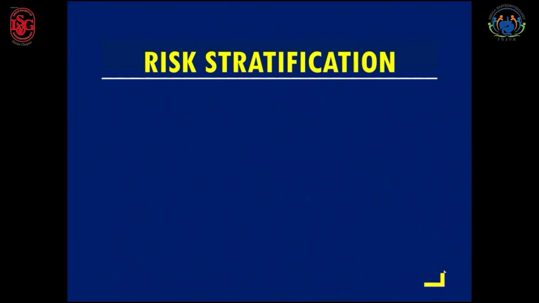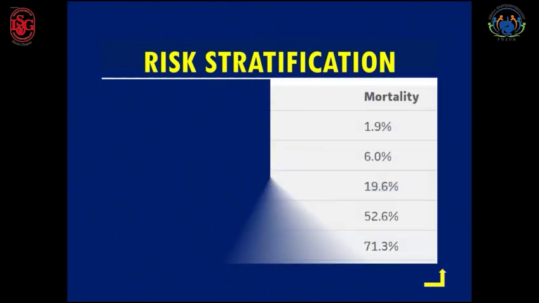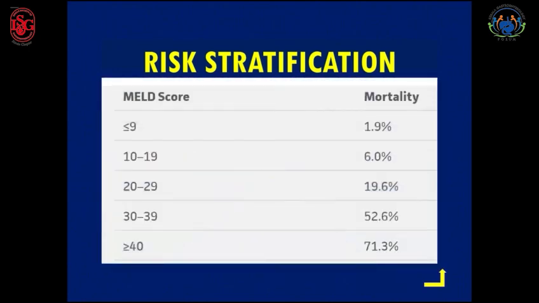Let's take the classical example of chronic liver disease, where we have the MELD score, or model for end-stage liver disease score. This gives us the outcome of persons with different MELD scores after a major surgery, or a major GI bleed, or an acute alcoholic hepatitis. If the score is below 9, we know that the mortality is around 1.9%.